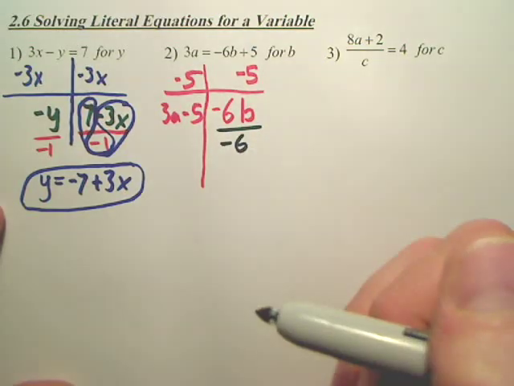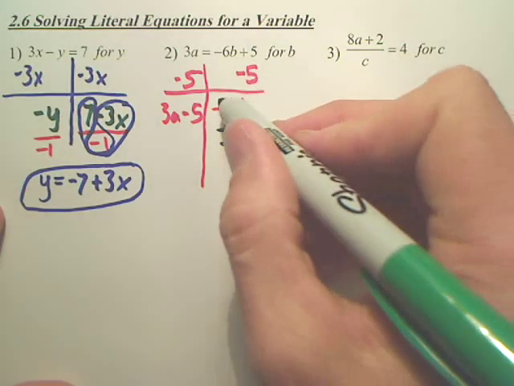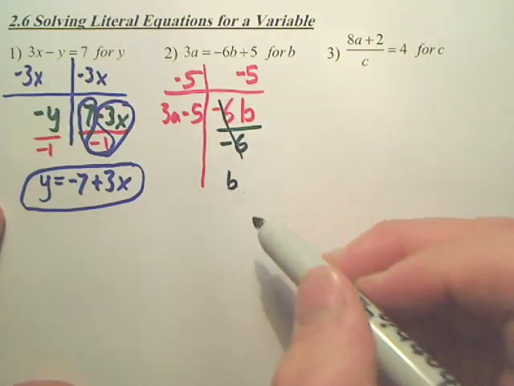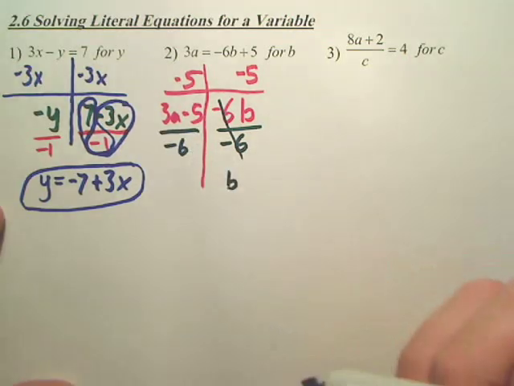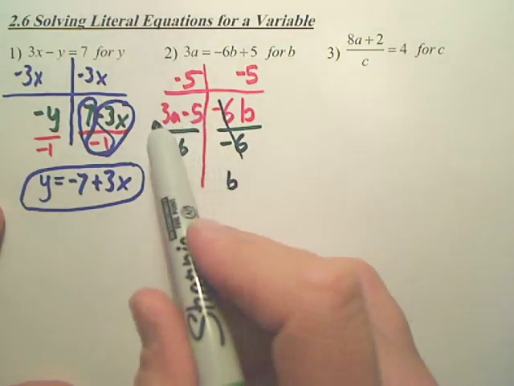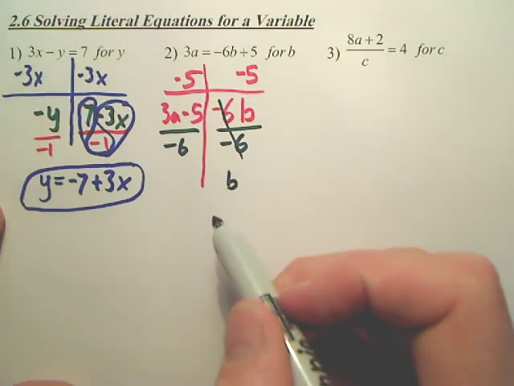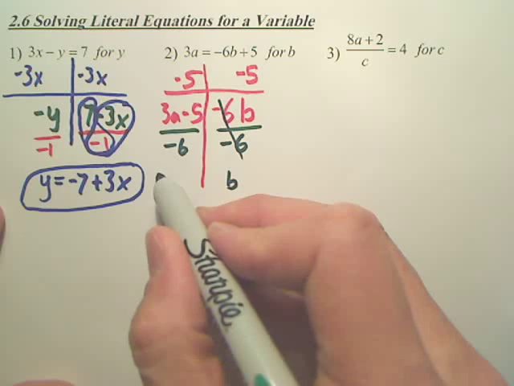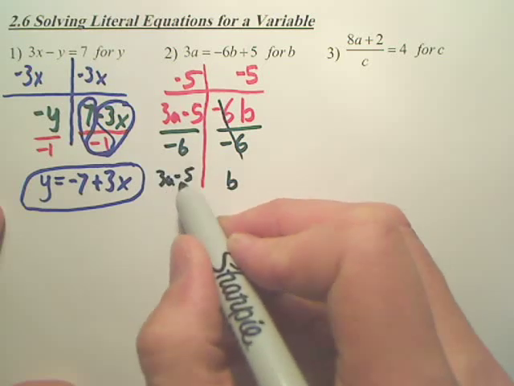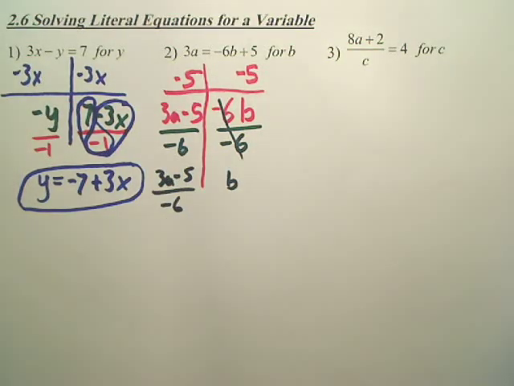You just divide by negative 6. That's gone, leaving me b. And over here, we divide by negative 6. Now, does this divide nice and neat? Nope. So basically, we're just left with 3a minus 5 over negative 6.